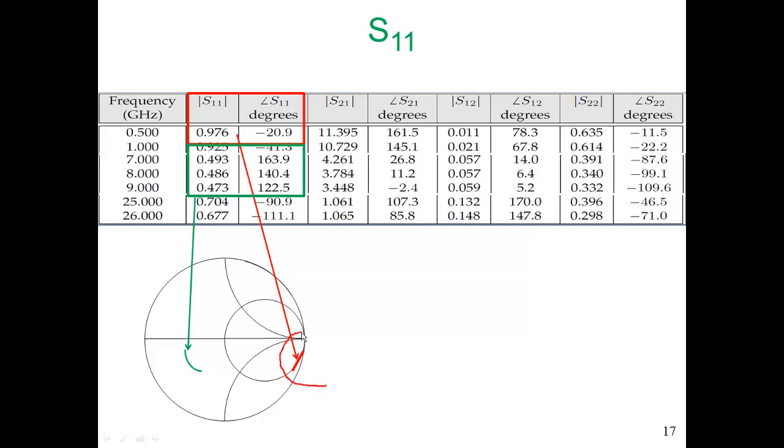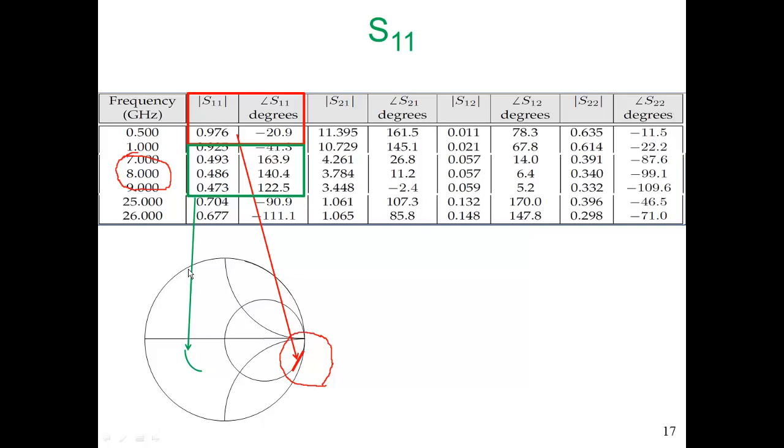So on the Smith chart, this is where we are. It's looking very close to an open circuit, and you'll find that if you end up going down much below 0.5 gigahertz, it really does start looking like an open circuit. When we move up to the range where we want to use this transistor, 7 to 9 gigahertz, we're looking at S11, which is around about 0.5, a little bit less than 0.5.